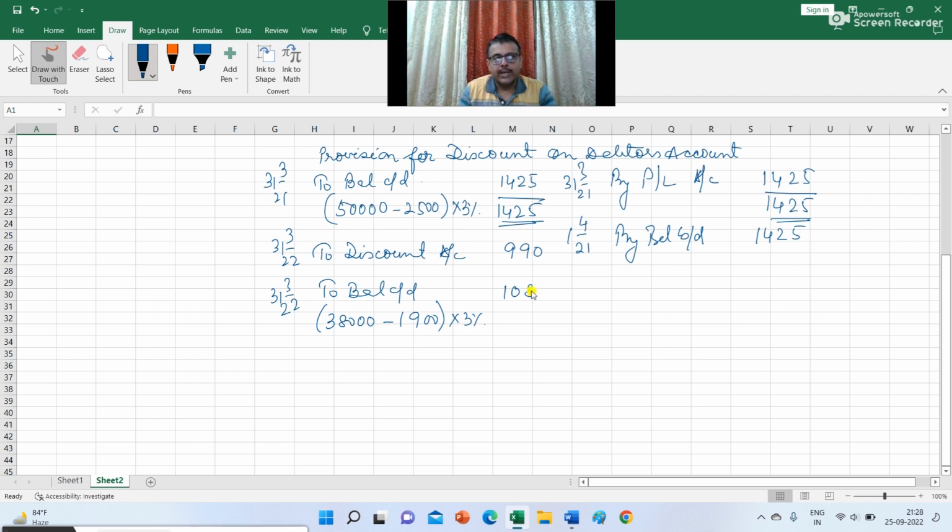This is 1,083. And the balancing figure in this ledger will be debited to PL account. So this is 648, which is the balancing figure. So you can compare the provision for discount on debtors with the provision for doubtful debts account.